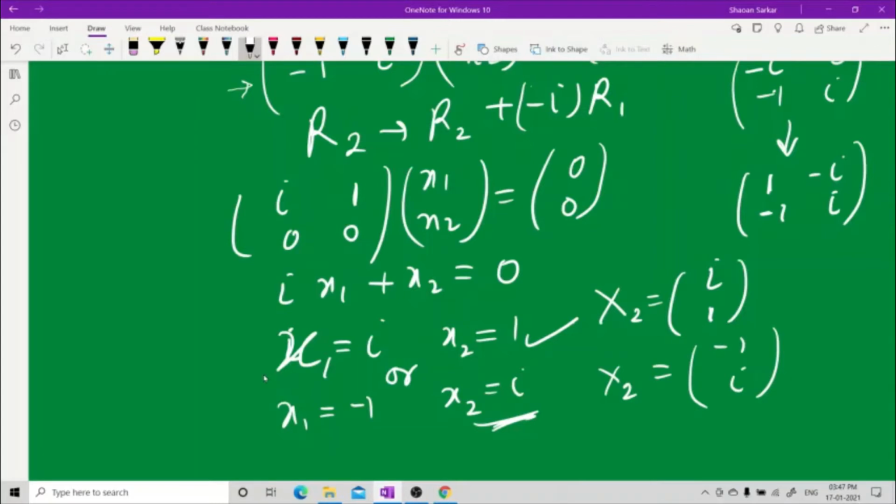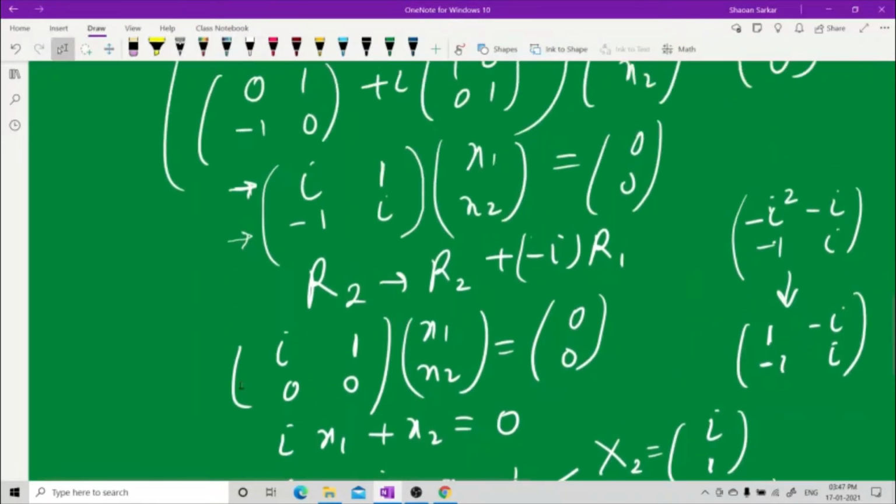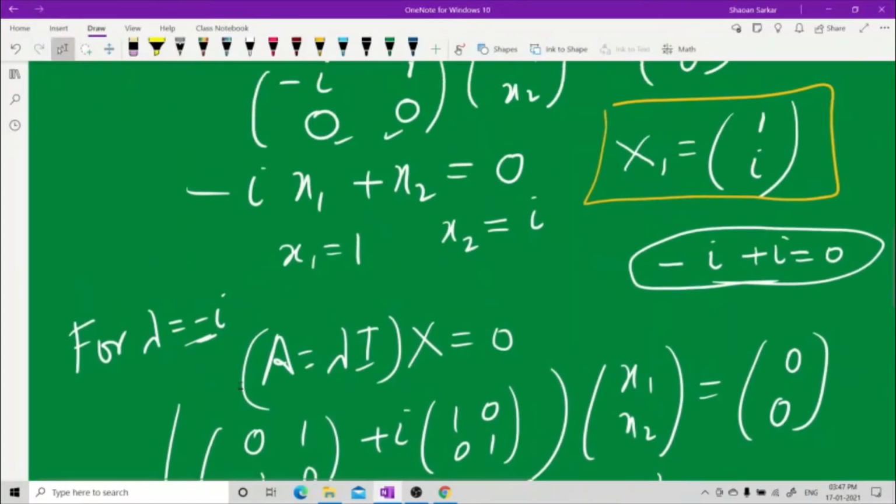Vectors are linearly independent but not distinct. Similarly you can do for this also. You can take x1 as i, and x2 as minus 1. So that can also be done.